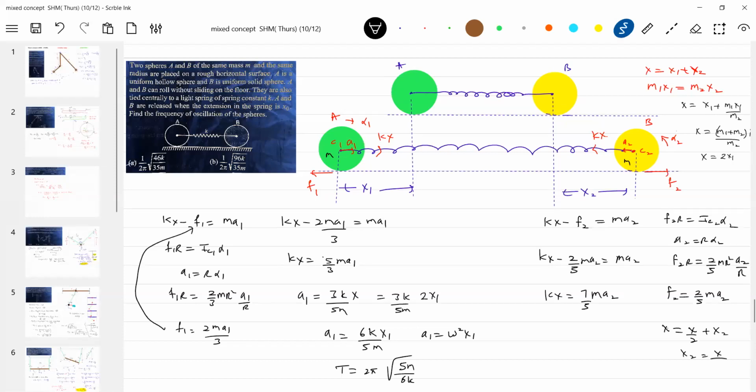So x2 equal to x by 2. x equal to 2x2, I'll write it. A2. So this will be 10K by 7M x2.